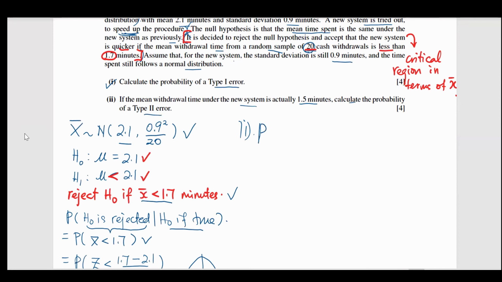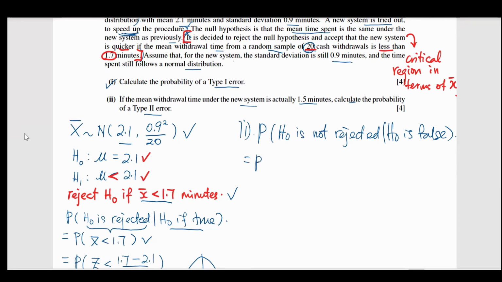Okay, now we are going to find the probability of type 2 error, which means H0 is not rejected when H0 is false. It's a false value, but you do not reject it. That's why we are making a mistake, and that is the type 2 error. So we are going to find out the probability of this happening.